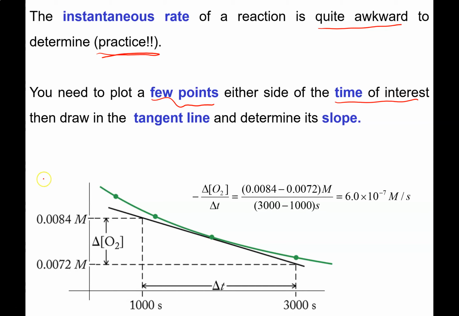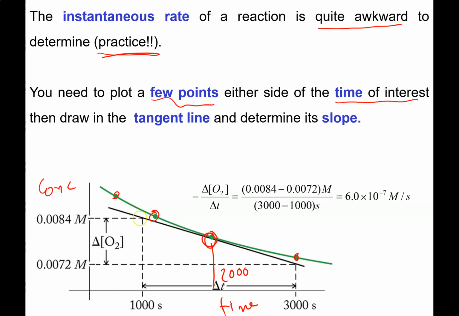So here we go. We always plot concentration against time. And so this is my point of interest in here at 2000 microseconds. Or 2000 seconds, sorry, in this case. And then I've got a couple of points either side, just enough to be able to draw in my tangent line here.